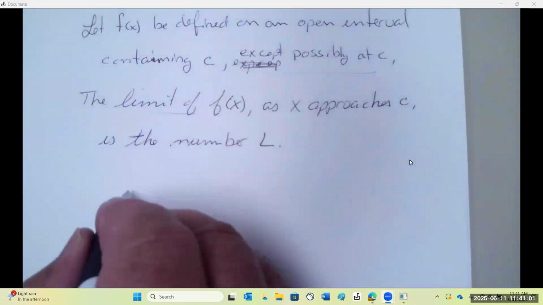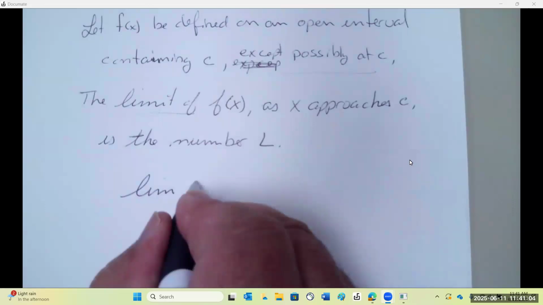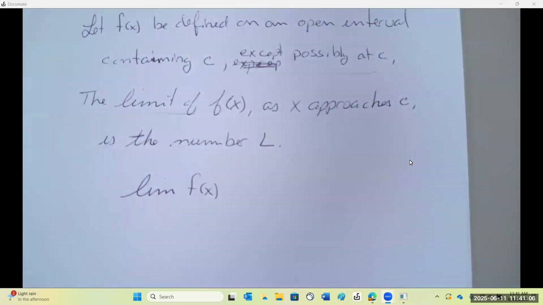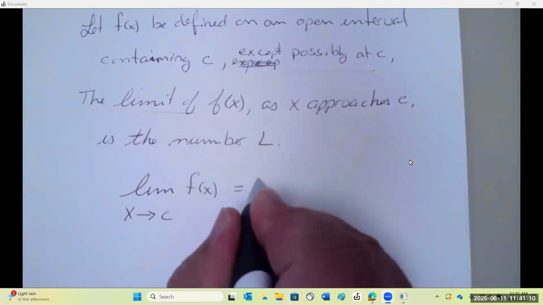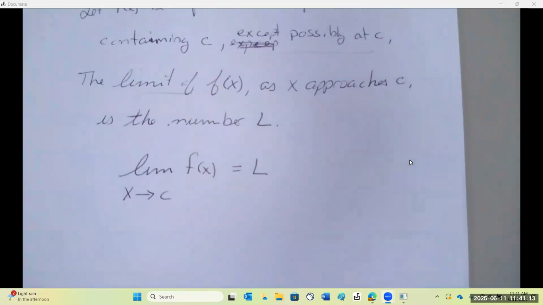So the limit of our function is written this way: the limit of f of x as x approaches c is equal to some value L.